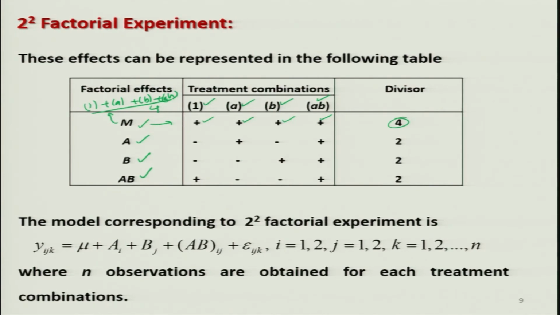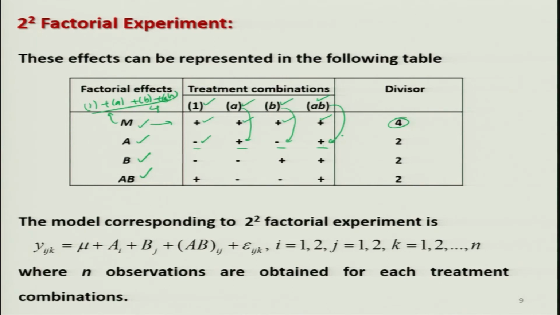Now, whatever the plus and minus signs are appearing in the main effect of A, I try to write them here properly, like this: minus plus minus plus. This means 1 is appearing with a minus sign, A is appearing with a plus sign, B is appearing with a minus sign, and AB is appearing with a plus sign.